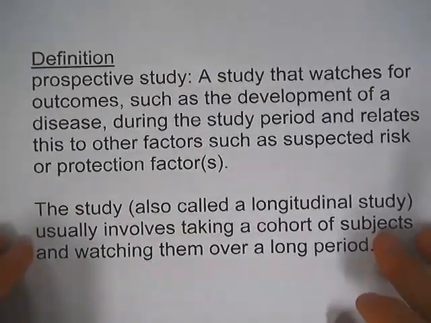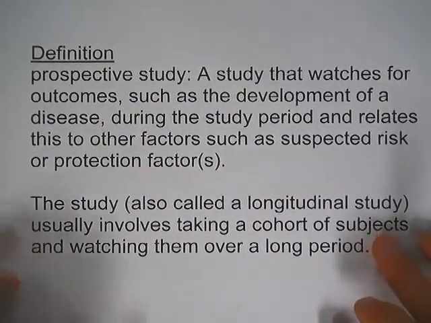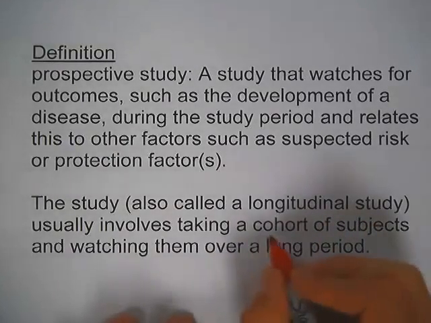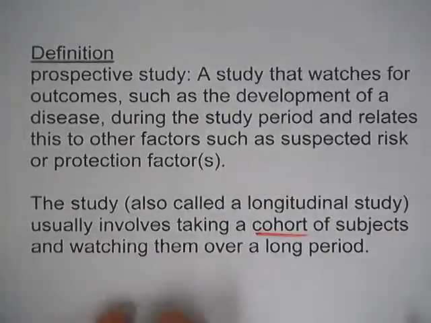Now, a prospective study is a study that watches for outcomes such as the development of a disease during the study period and relates this to other factors such as suspected risk or protection factors. The study, also called a longitudinal study, usually involves taking a cohort of subjects and watching them over a long period of time.